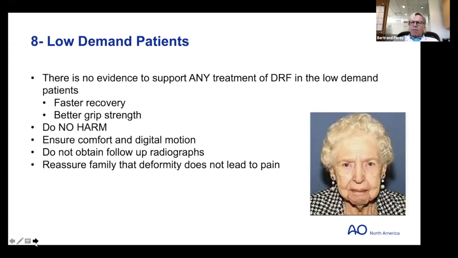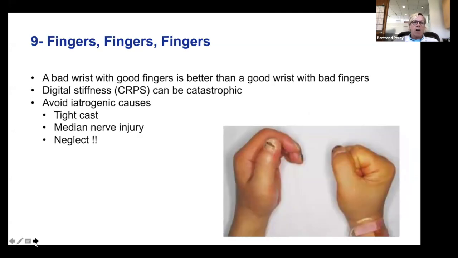I don't think it's defined by age as much as it is by demand. Low demand patients probably do as well with non-operative treatment, and you don't run into complications of surgery. There are some indications for operating on them, and understanding if you do fix low demand patients, there are some small advantages of operating on them, and we'll get back to that later on.